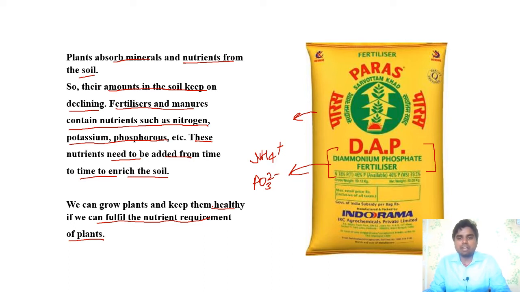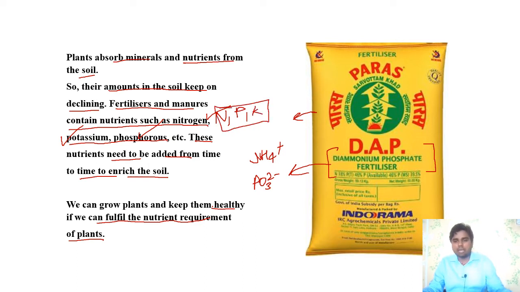So first of all we will remember a few elements that are necessary, and we have to learn them also. The first is nitrogen, then potassium, and then phosphorus. So nitrogen, phosphorus and potassium: NPK. What is the short form?